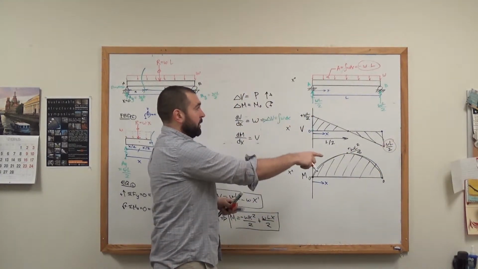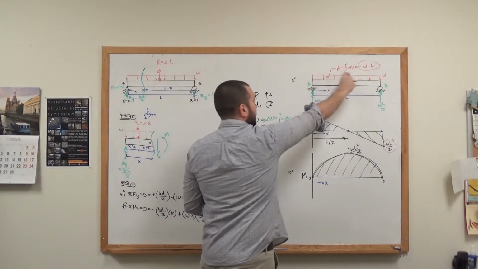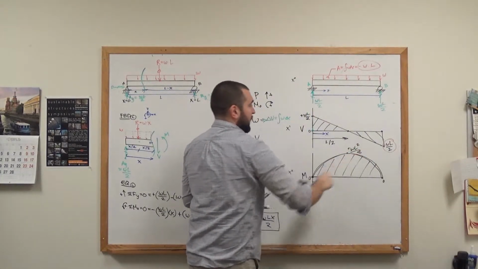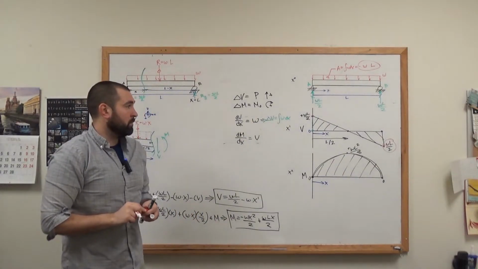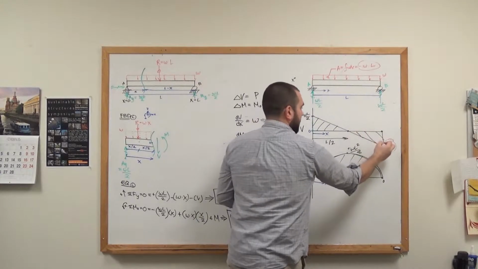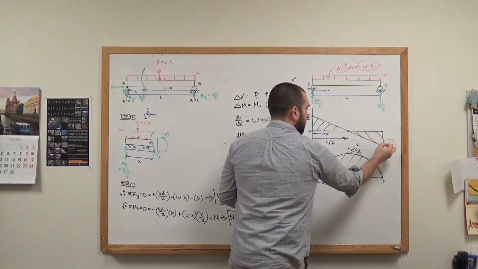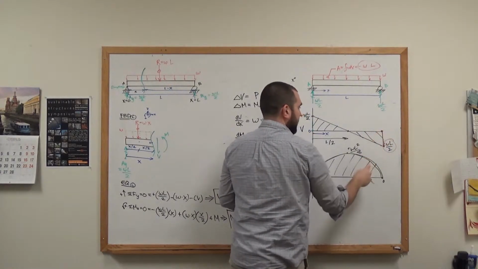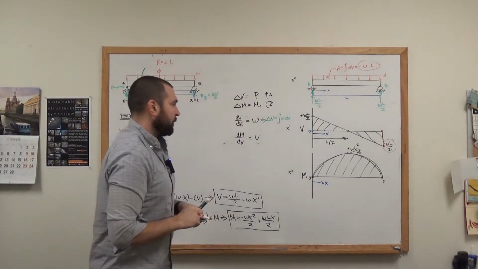And it has to be linear because this is a constant distributed load, so this has to be a linear shear diagram. And then at the very end, I have WL over 2 going up, start at negative WL over 2, jump up, that's how I get here. That's a negative value, just to be really clear.